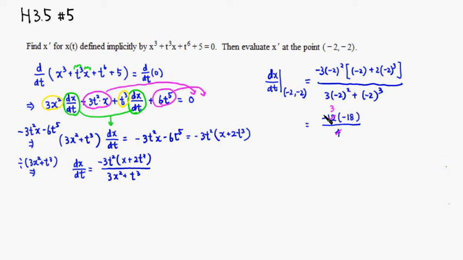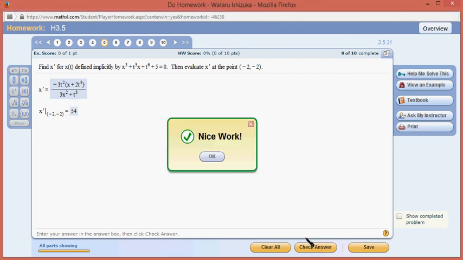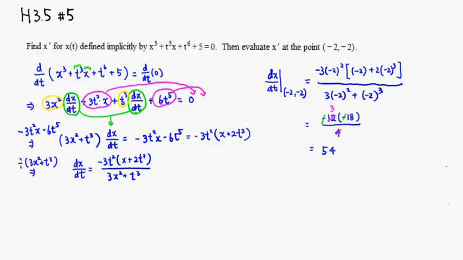A negative times a negative is positive, so 3 times 18: 3 times 8 is 24, and 3 times 1 is 3, so 54. So we got 54. Let's check. All right, we got that. That's it. I hope that this was clear.